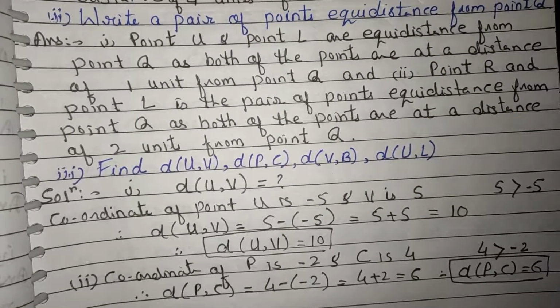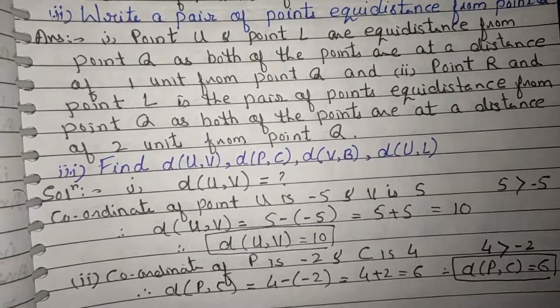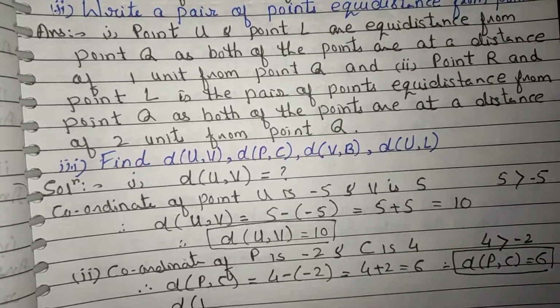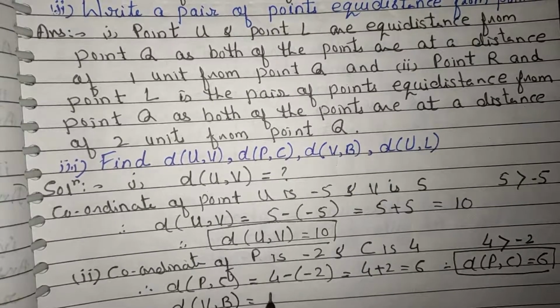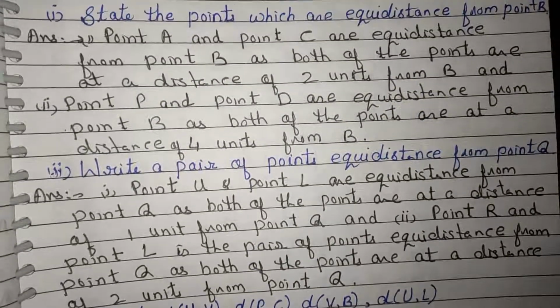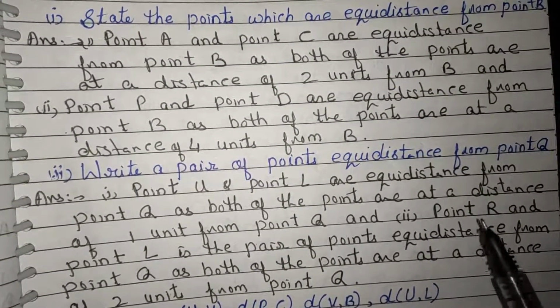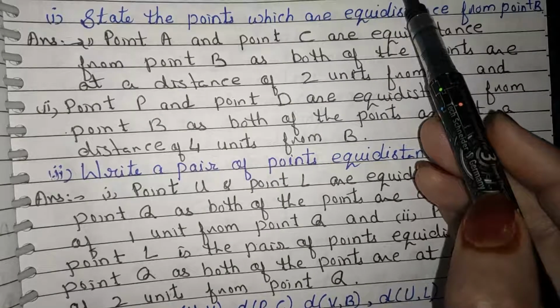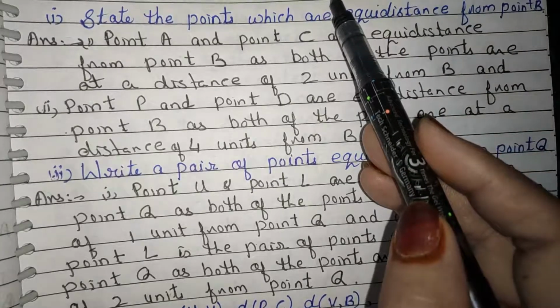Now third distance is distance VB. Now look here, the coordinate of point V is 5 and the coordinate of point B is 2.